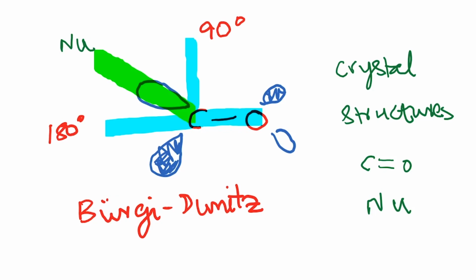Okay, so what they found was that actually the carbonyl compound was not at 90 degrees. In fact, when it was interacting with the nucleophile, it was at an angle of 105 degrees. Okay, and so as and when they looked at the crystal structures of nucleophiles in the presence of carbonyls, especially the ones where the nucleophile was close enough to the carbonyl, they noticed that it was not at 90 degrees, but it was at 105 degrees.